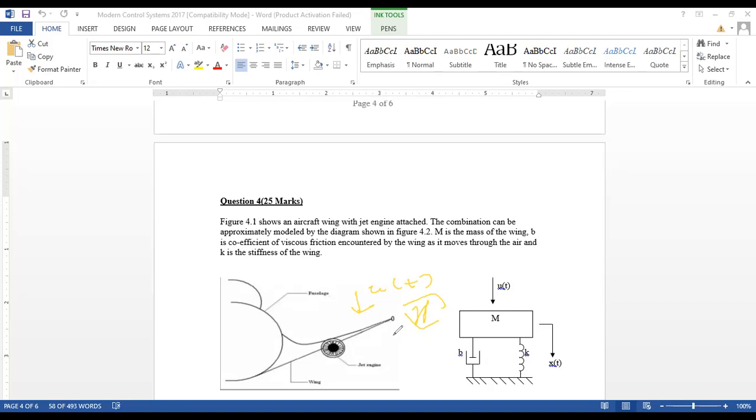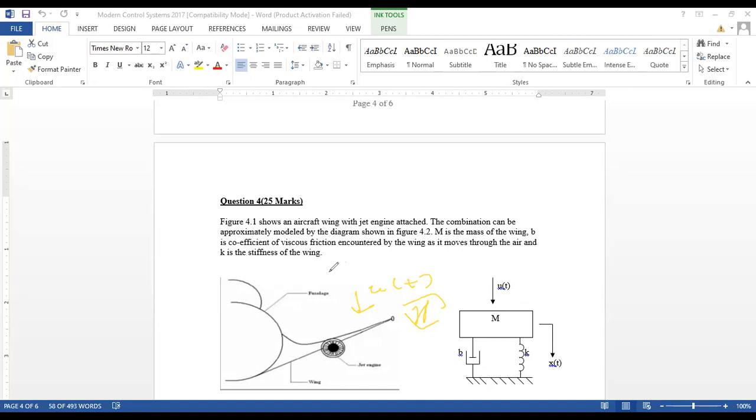And as the wing goes through the air and vibrates through the air, it's going to encounter this viscosity. So this model over on my right is supposed to be a diagram for the wing of the aircraft.